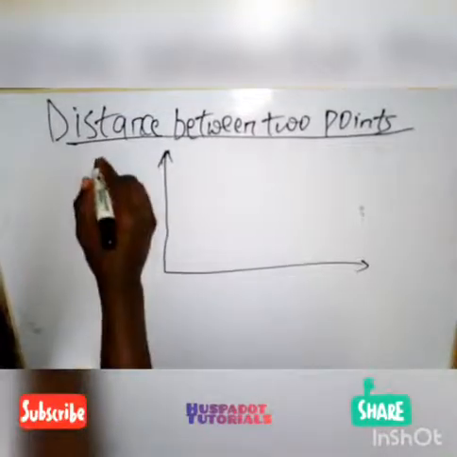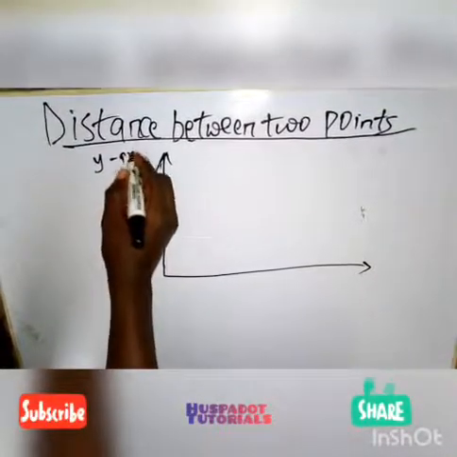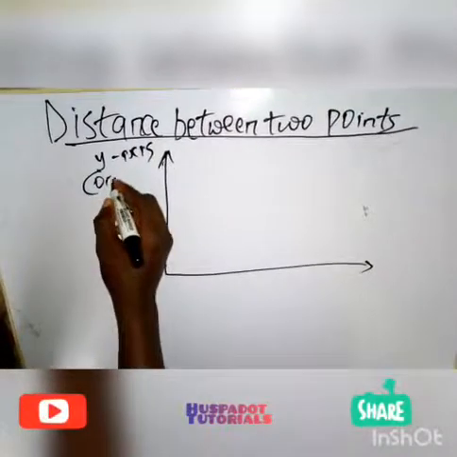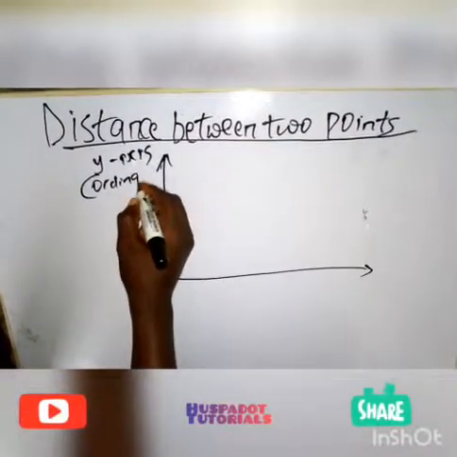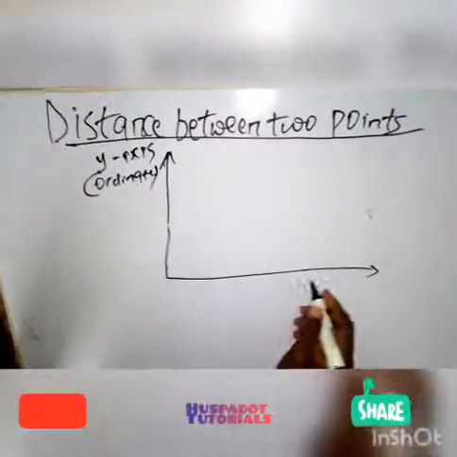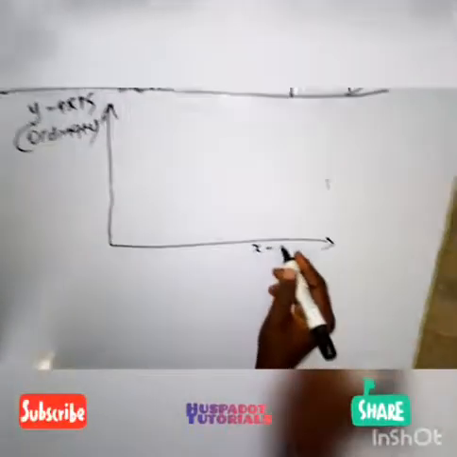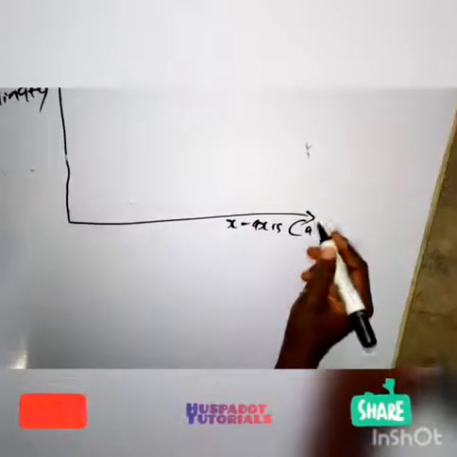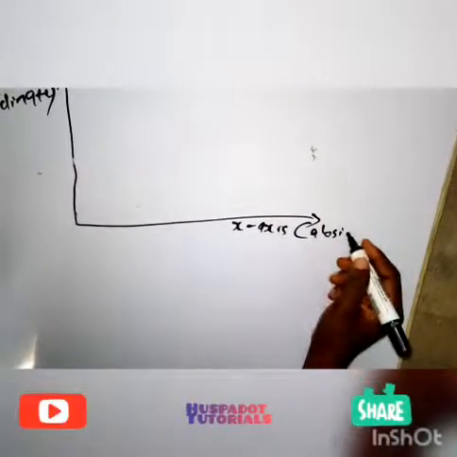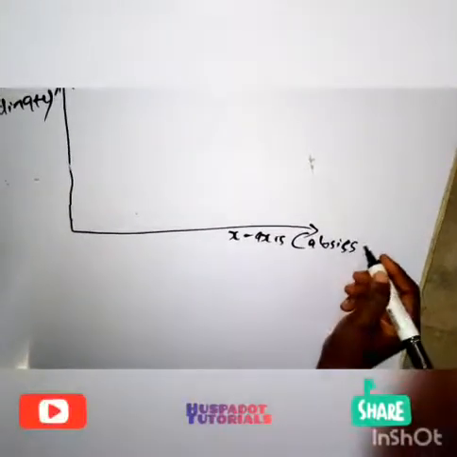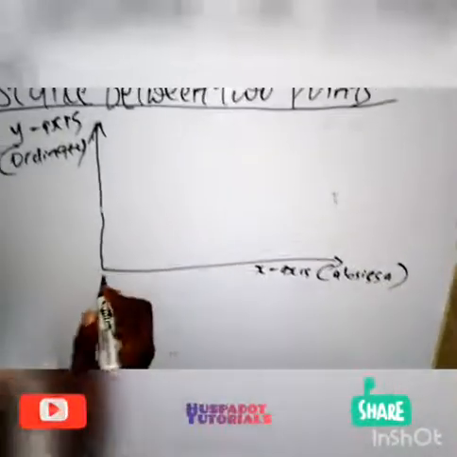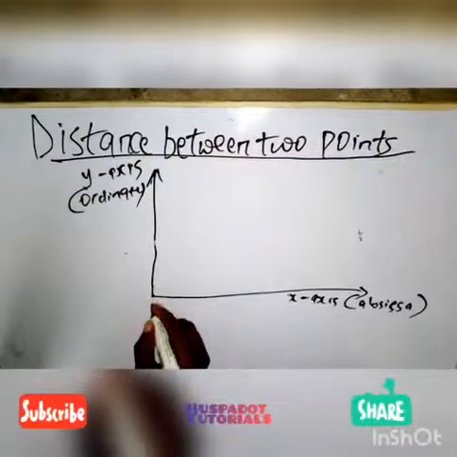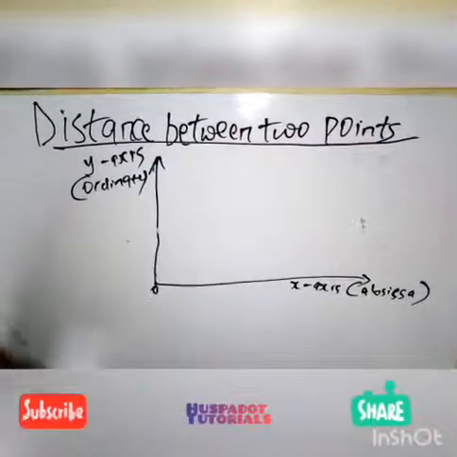are the y-axis, which is also called the ordinate, and the x-axis, which is also called the abscissa, and the point of intersection of the two perpendicular lines is called the origin, which is at 0.